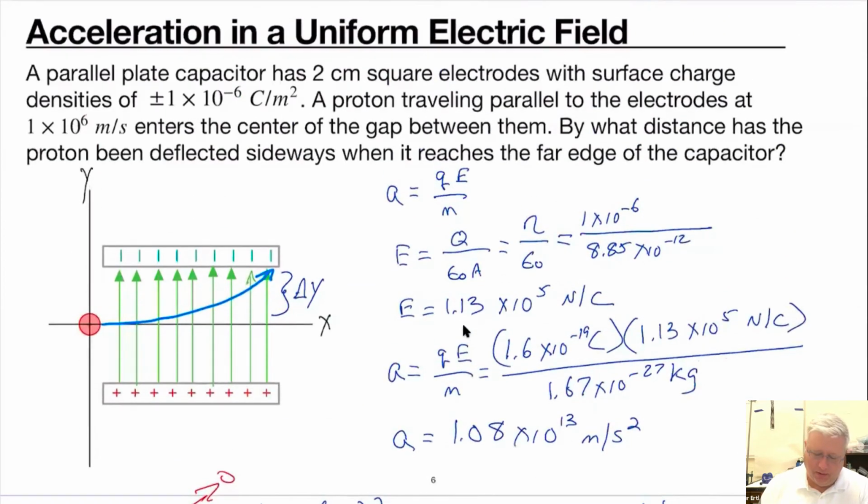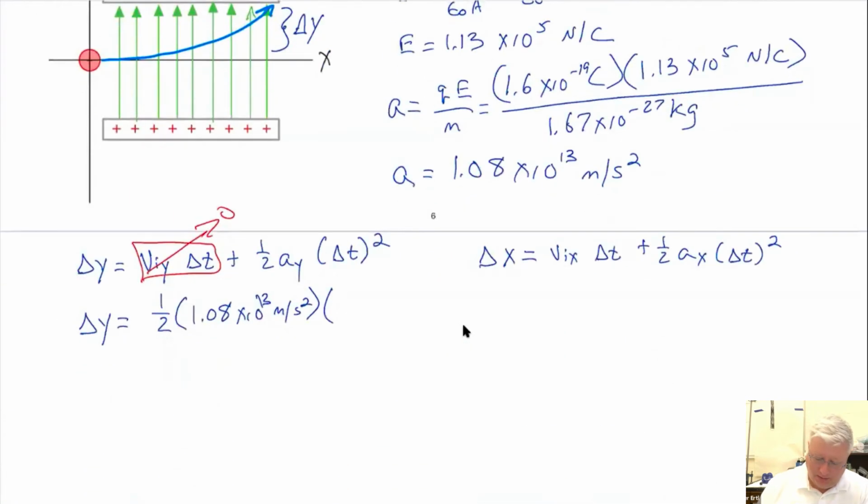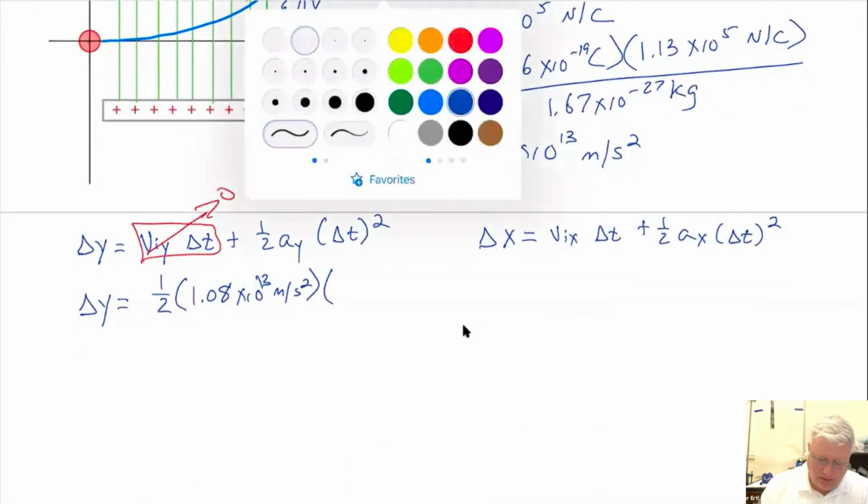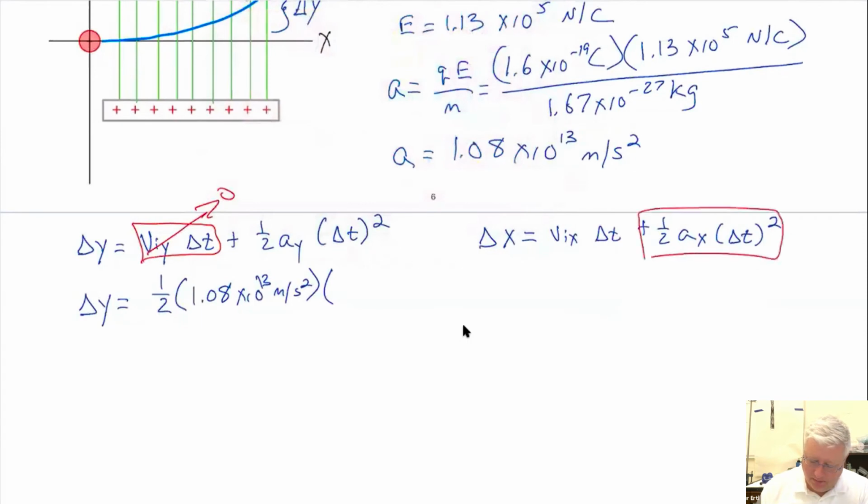What are we told? The proton travels parallel at 1 times 10 to the 6 meters per second. It's not accelerating in the x direction. The only acceleration is perpendicular, in the y direction. So this acceleration is 0, and this whole term goes to 0.